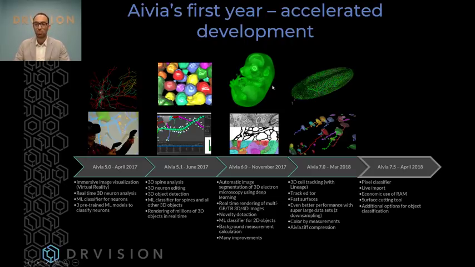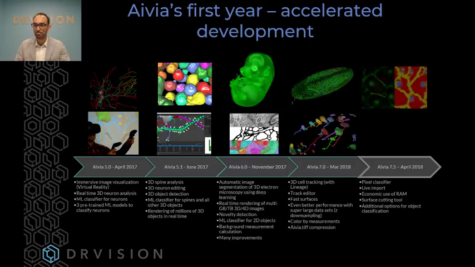We had already created a volume rendering engine, which was capable of rendering very large images in volume, so voxels. And now we have a very efficient way to render many detected objects, many thousands, tens of thousands of objects, in fact, per time point.